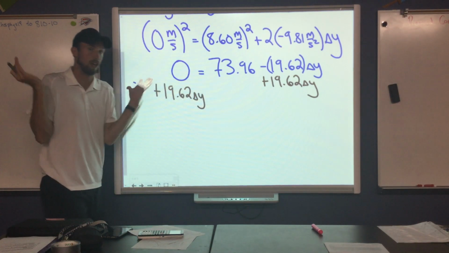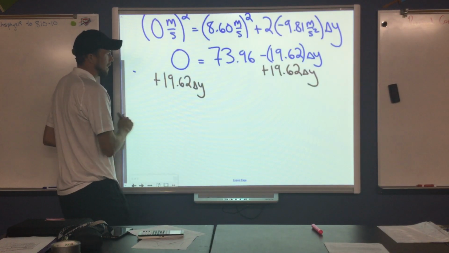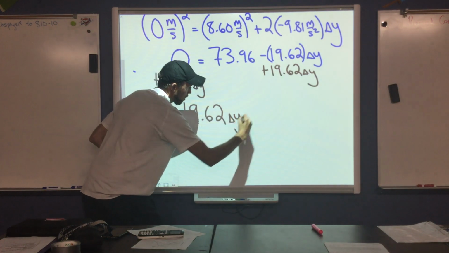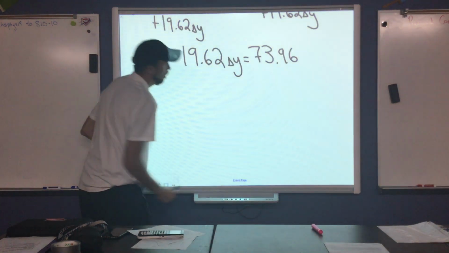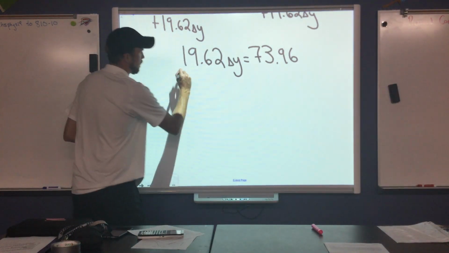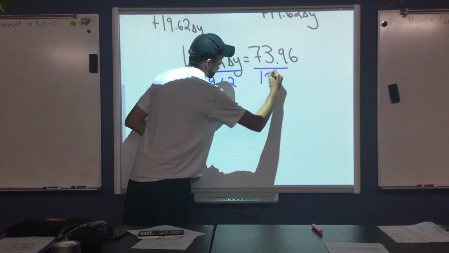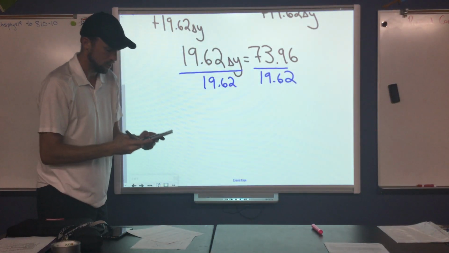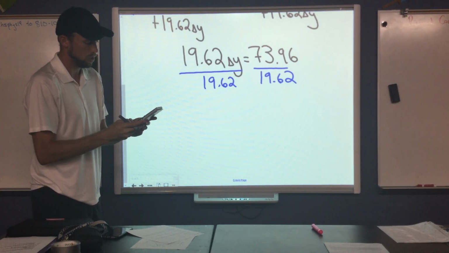Again, the delta y is just a variable, just like x, something we don't know. So now we have 19.62 times delta y is equal to 73.96. Now we can divide by 19.62 on both sides of our equation. So 73.96 divided by 19.62.